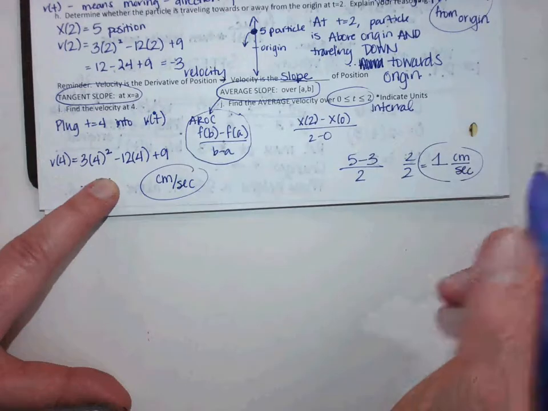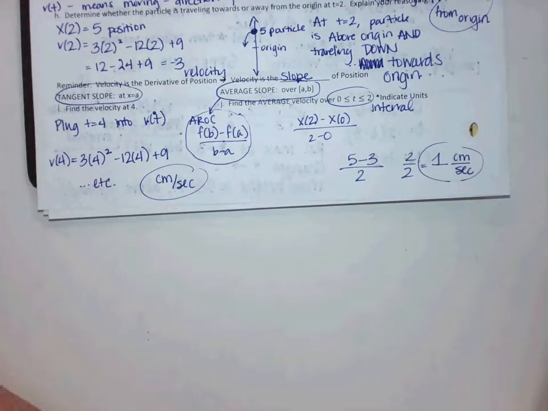Now, for my physics-y people, centimeters per second squared, what is that a measurement of? Starts with an A. Acceleration. So velocity would be centimeters per second, or if like in a car, it'd be miles per hour. But then when you do miles per hour squared, that turns into acceleration. When you do centimeters per second squared, that's acceleration.